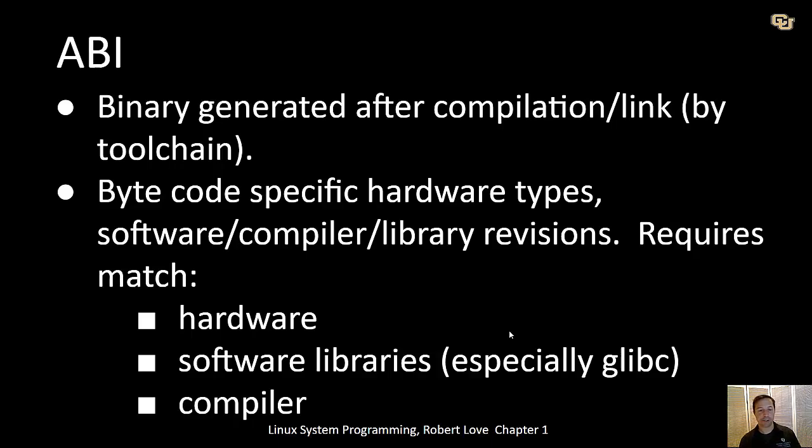Likely those would not share a similar ABI. But there would also be software libraries. So whether you use glibc and also which version of glibc you used would be important. And the compiler would be important because that's part of the definition of how, for instance, the parameters would be passed in registers.